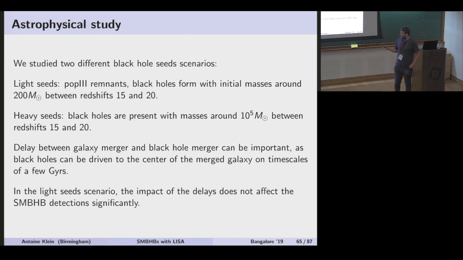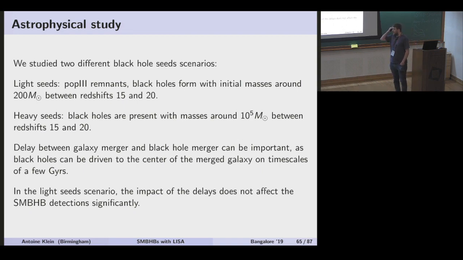Because you simulate your galaxies, and you have two galaxies merging. It will still take hundreds of megayears to gigayears for the black holes to sink down to the center and merge. So you will have some delays, and depending on the efficiency of the processes that drive the supermassive black holes to the center, you can have significant time delays or not.